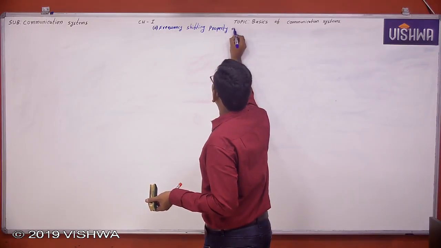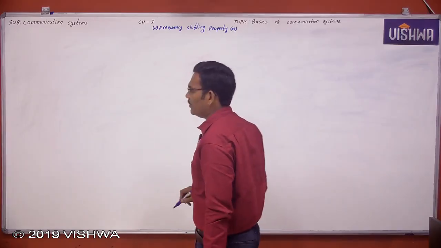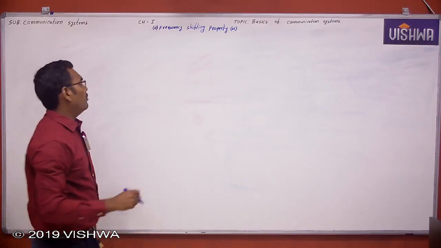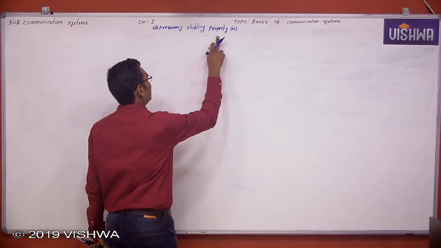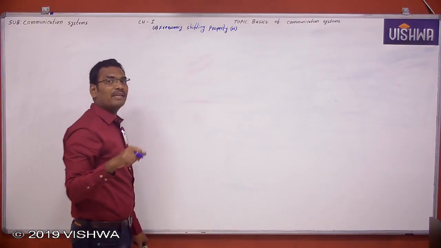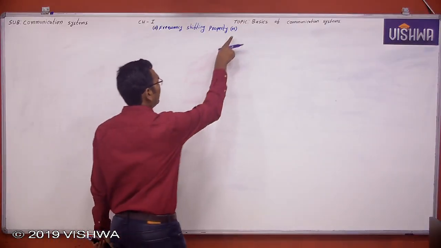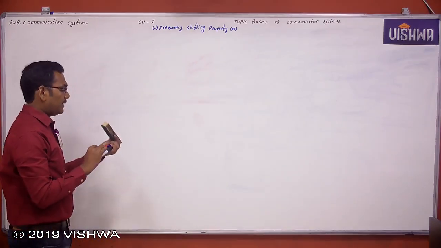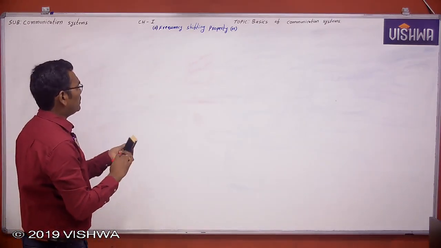There is another name for this property. For a signals engineer, only the name frequency shifting property is identified. But as a communication engineer, we put another name for this property after understanding it practically. Now see here, what is this property saying?